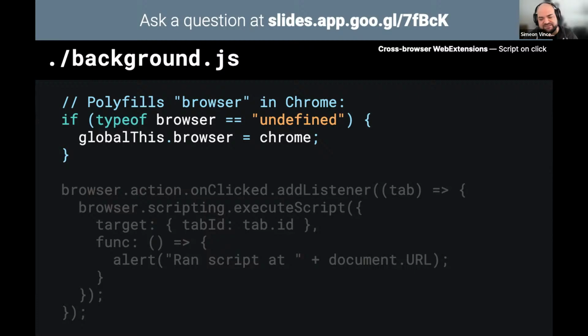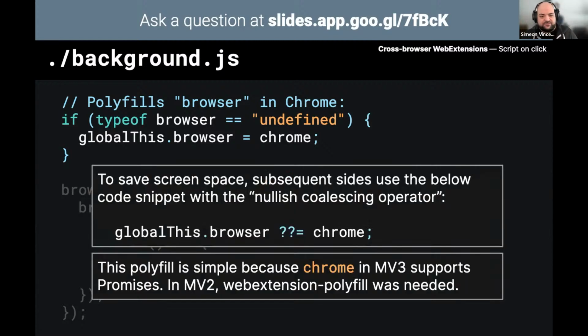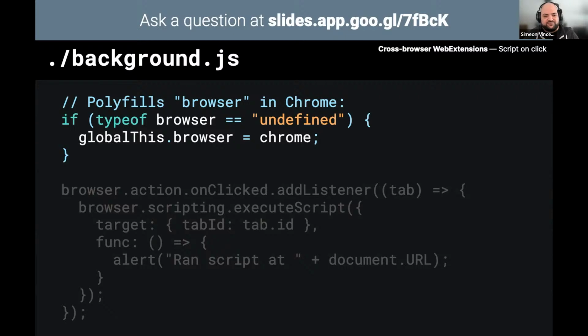We have some agreement in the web extension community group that moving forward, Chrome is going to adopt browser as the standard, the same interface that everybody else is using, in order to reduce some of these polyfills that you need to do to make things consistent across browsers. But right now, this is required, and hopefully in the coming months, it will no longer be.